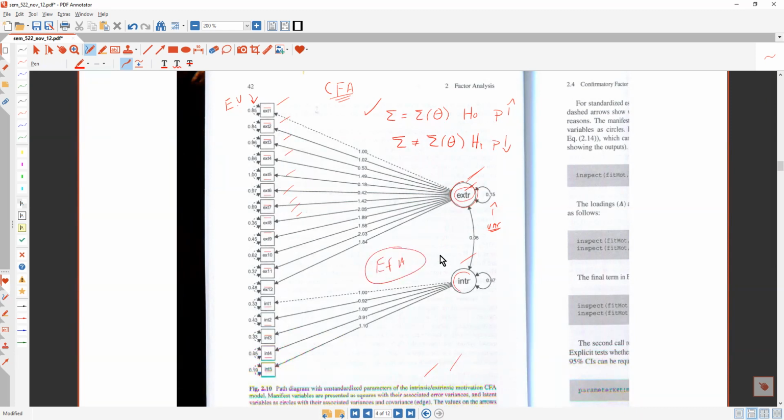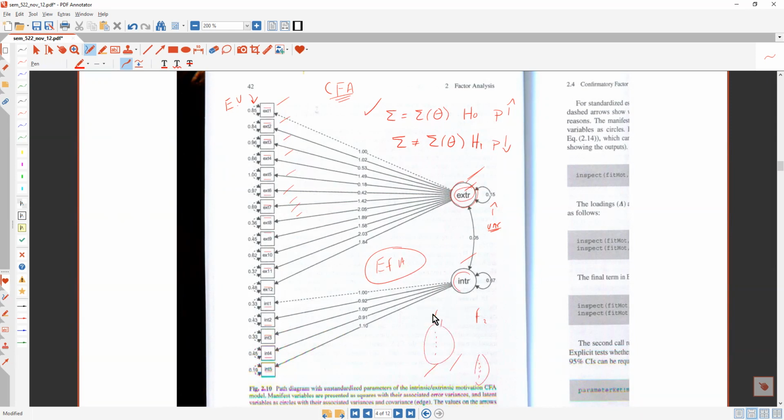If I were to run an EFA on this, maybe I would include all of these observed variables. Then what would come out as my factor solution? Well, maybe I would get F1, F2, and I'd have EXT1 to EXT12 load on factor 1. And then maybe INT1 to INT5 load on factor 2.